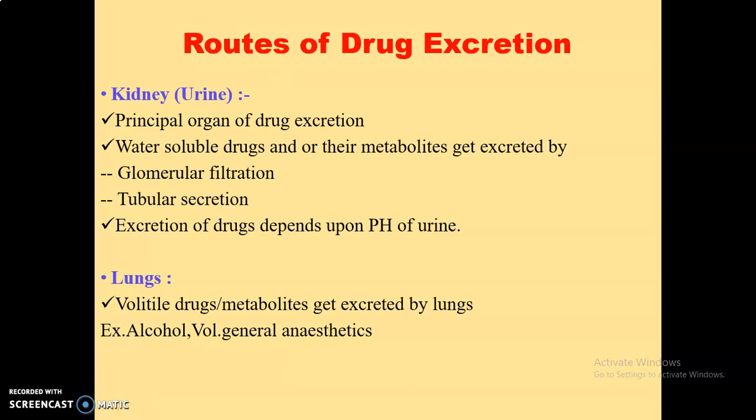Let us discuss one by one. Kidney is the principal organ of drug excretion. Majority of drugs get excreted by the kidney in the form of urine. All water soluble drugs and their metabolites get excreted by the kidney, and the processes involved in the elimination are passive glomerular filtration and tubular secretion.